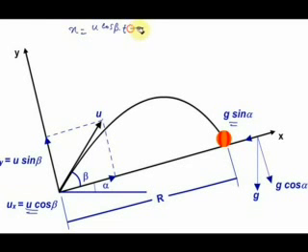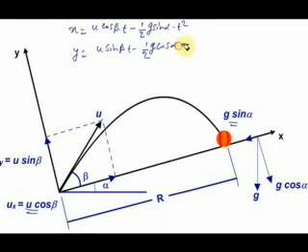So we'll have x is equal to u cos beta into t minus half g sin alpha into t square. Similarly, motion along y-axis can be given as y is equal to u sin beta into t minus half g cos alpha into t square.